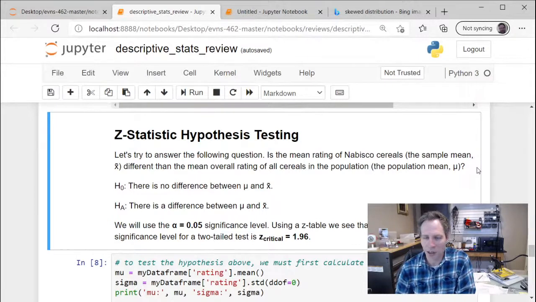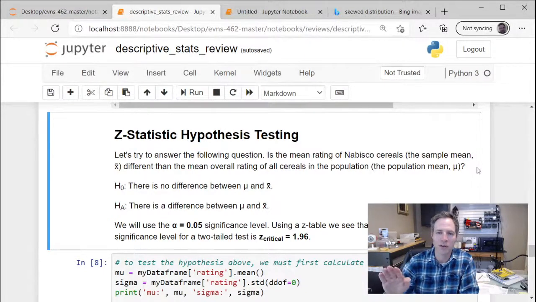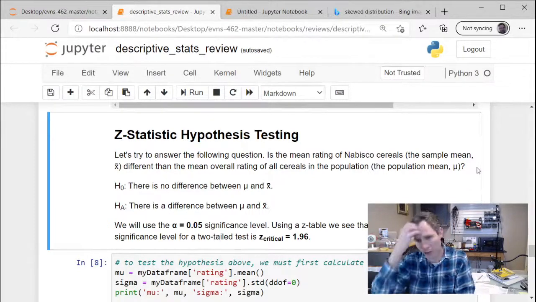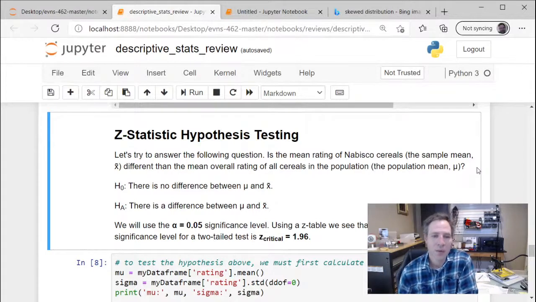There's no direction associated with that alternative. You don't care if the sample mean is greater than the population mean or less than the population mean. That's how it's stated here: there is no difference, or there is a difference, but you don't care about the direction of that difference. That makes this a two-tailed condition.